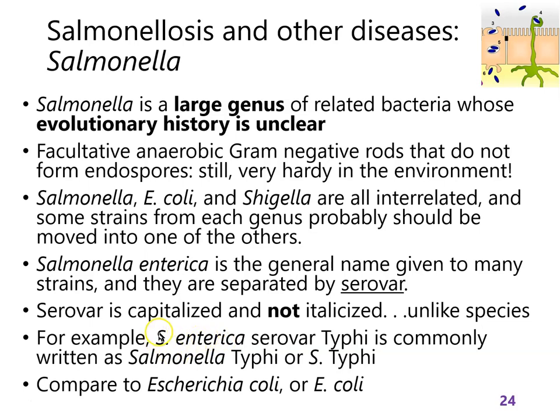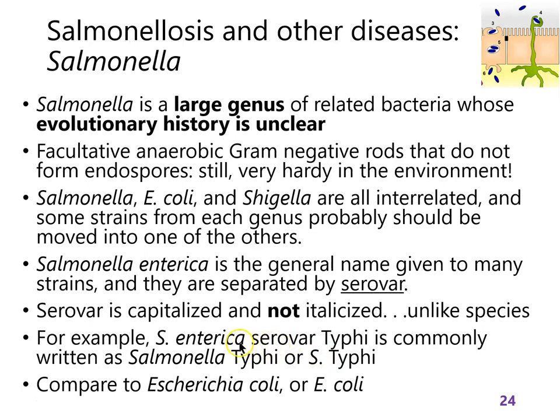So Salmonella enterica. But they're separated by what we call serovar. So it's like what we could tell about them using immunology tools. It doesn't matter what that means. The serovar is the grouping we use.